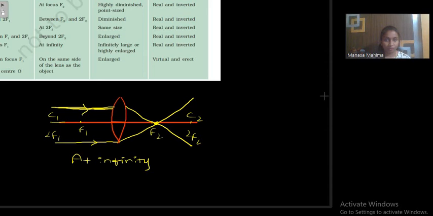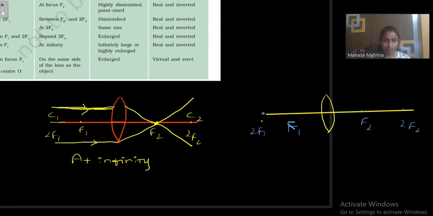For that we have to consider the convex lens and a straight line passing through it. We mark this is F1, 2F1, F2, 2F2, and this is optic center O. And we consider the object to be somewhere here.